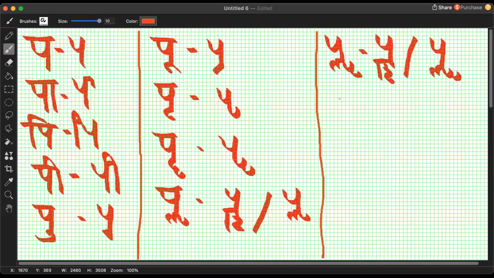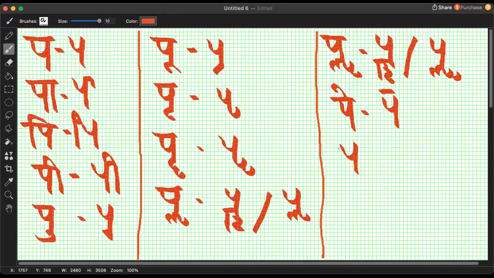Next, we'll write Pe. I forgot to add a shirorekha to this Devanagari. This is Pe. In Sharda, first we write the P alphabet. On the top, leave some space and just a small line. This is Pe.